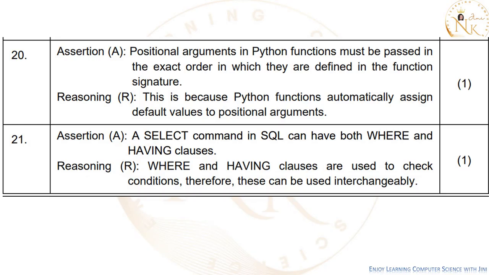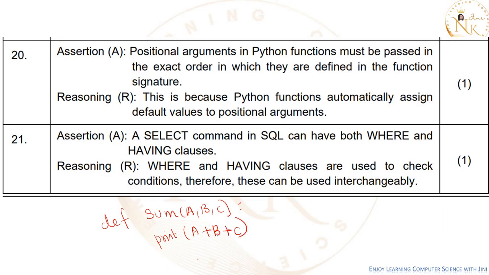Positional arguments in Python functions must be passed in the exact order in which they are defined in the function signature. This is correct because positional arguments should be passed in order. Suppose I am declaring def sum(a, b, c): and writing print(a+b+c).